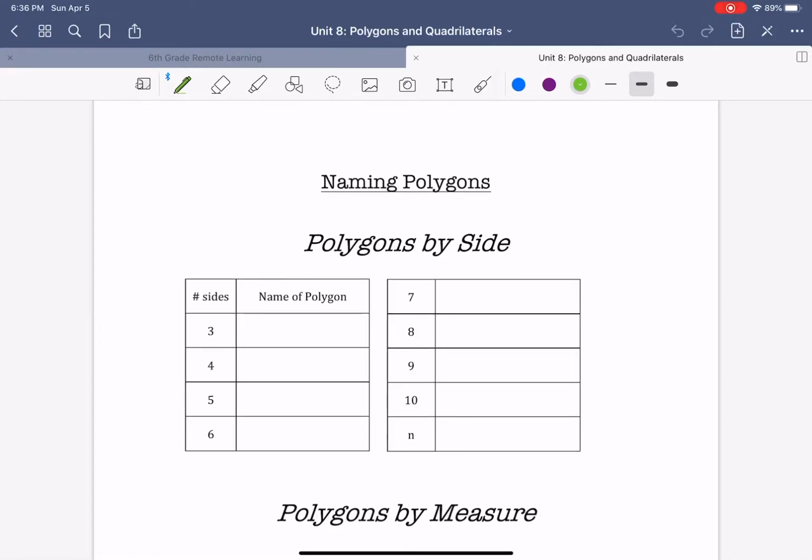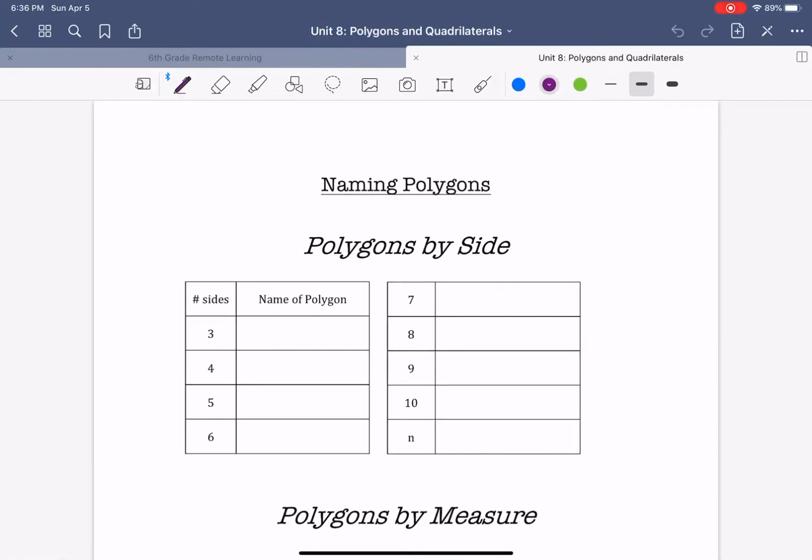Okay, so to start off, let's talk about what a polygon is at base value. So a polygon is a two-dimensional figure. Three-dimensional versions of polygons are called polyhedra. And if you think about the root word poly, that means many.